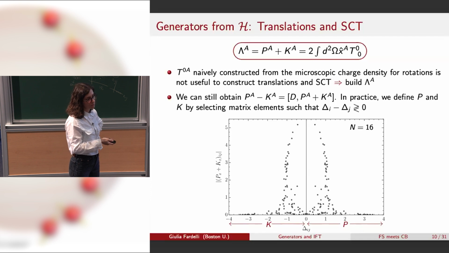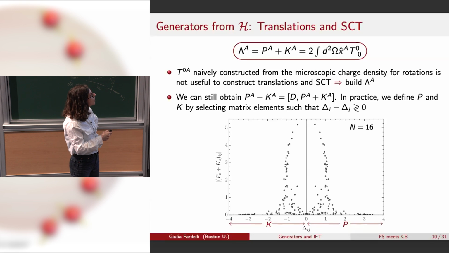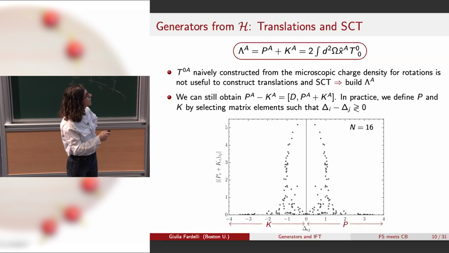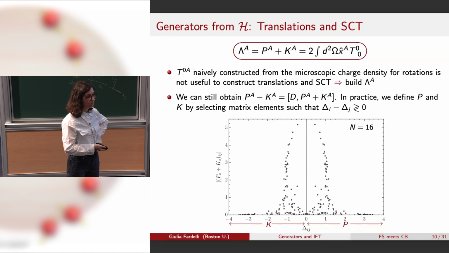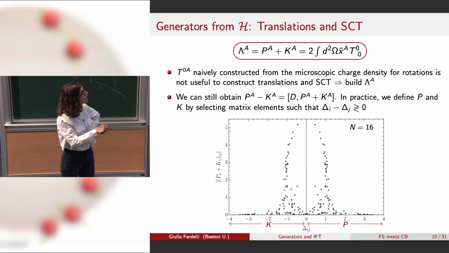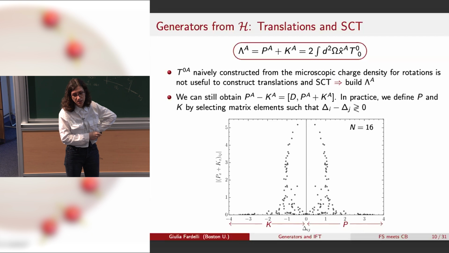So that's what you compute from the fuzzy sphere. You have access directly to this rather than computing another commutator with this quantity. It gets longer because you have to do more steps. It's just numerically more expensive. We checked that it is actually the same.